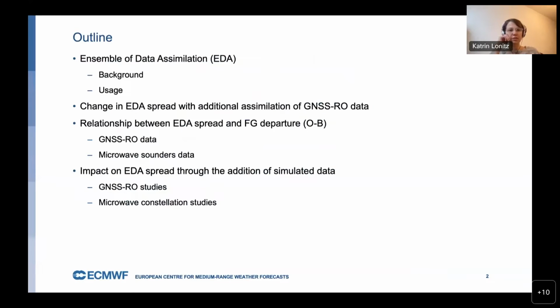So this is the outline of my talk. I talk a little bit about the background and how the EDA, the Ensemble of Data Assimilation, is used at ECMWF. Second, I show you how the EDA spread, the measure we usually use, changes when we add more GNSS-RO data, and furthermore, I talk about how the EDA spread actually relates to O-B statistics from observing system experiments, both for GNSS-RO and for microwave sounded data.